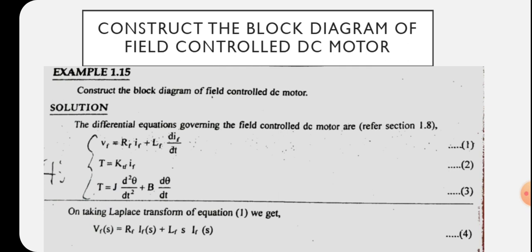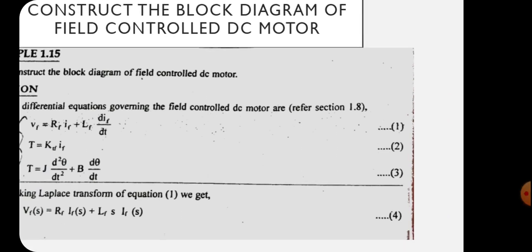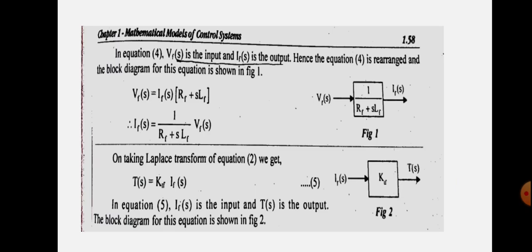In order to start the construction of the block diagram, we first take the Laplace transform of the first equation, that is Vf of S is equal to Rf into If of S plus Lf into S into If of S. We can take If of S outside, so Vf of S is equal to If of S into Rf plus S into Lf.